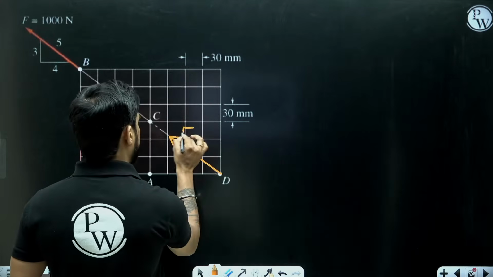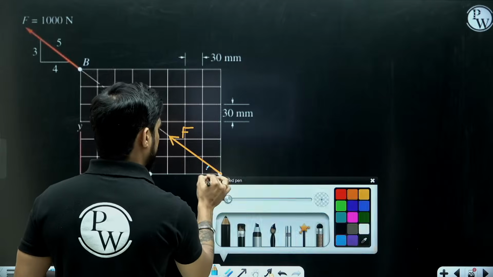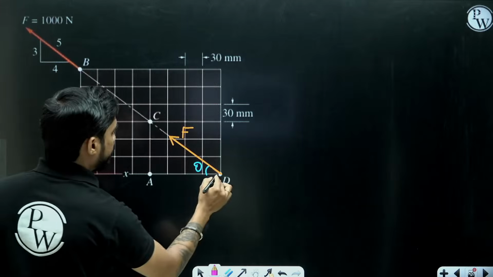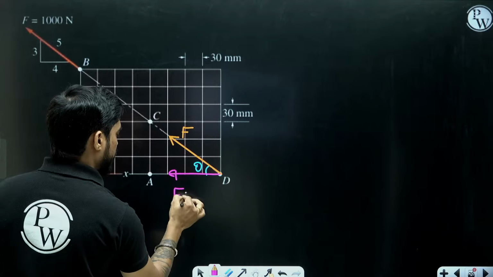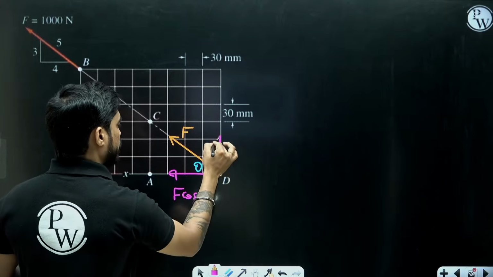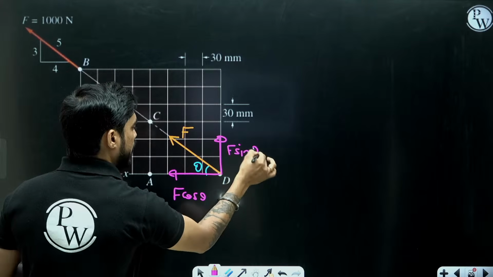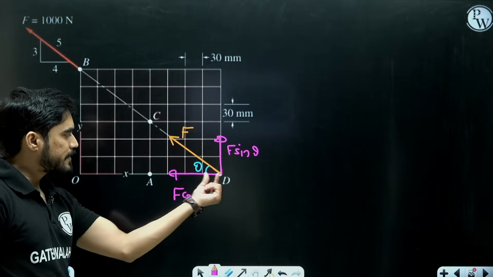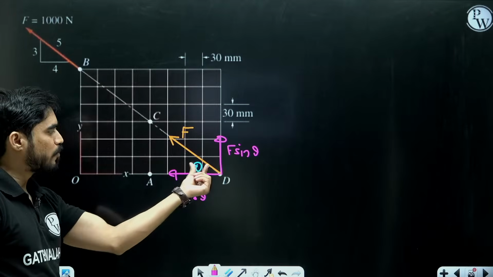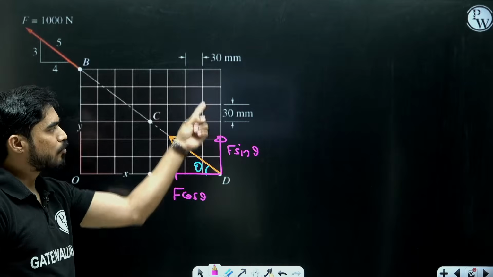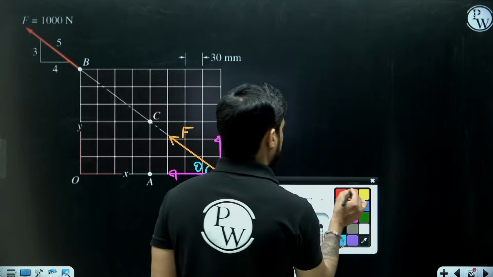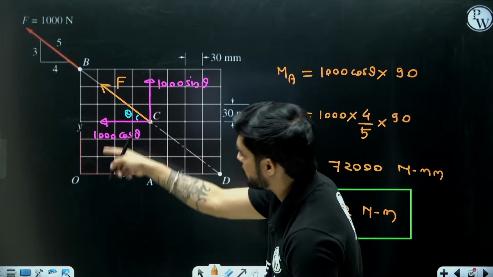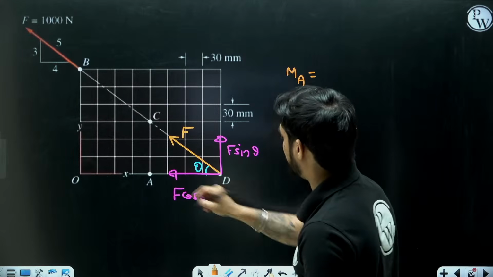This is our force F. This is angle theta. This time I have moved the force from B to D. So this will be F cos theta and this will be F sin theta. Now understand this: F cos theta is passing through A, so its moment will be 0. I will get the moment of F sin theta only, and this moment will be anti-clockwise, like the earlier one.